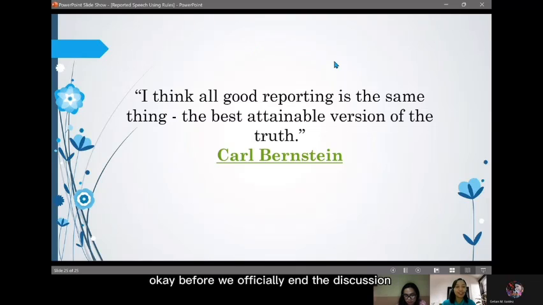Okay, before we officially end the discussion, I'm going to leave you this quotation by Carl Bernstein. So he said here that I think all good reporting is the same thing, the best attainable version of the truth. So that is all, guys. I hope you learned something really valuable today.